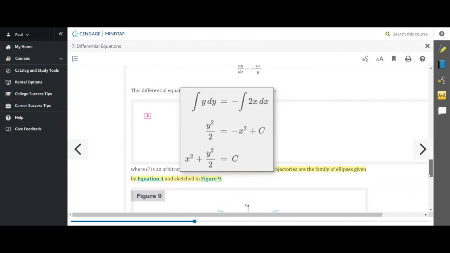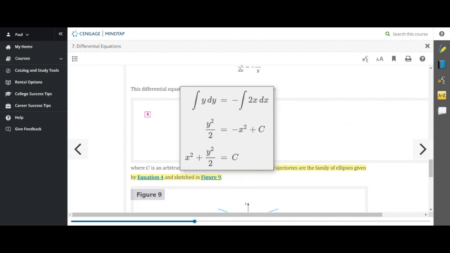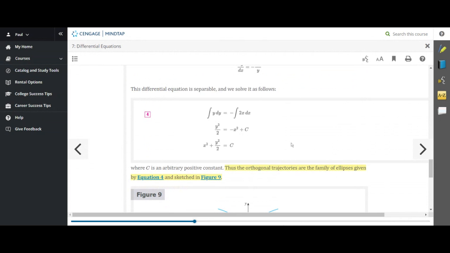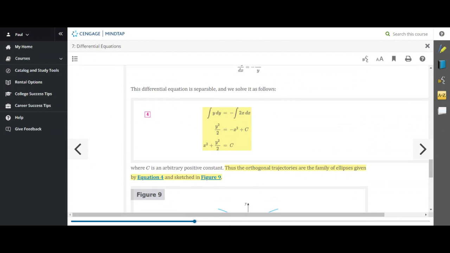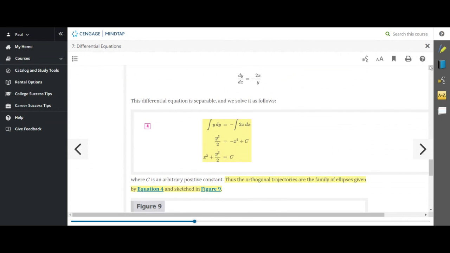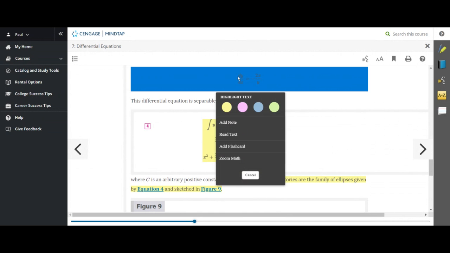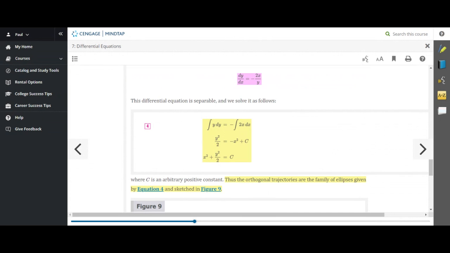When we separate the variables of that differential equation, we'll get that x squared plus y squared over 2 equals a constant.